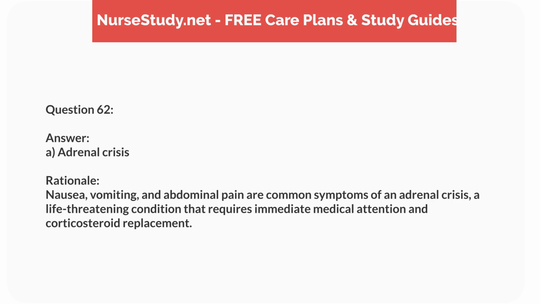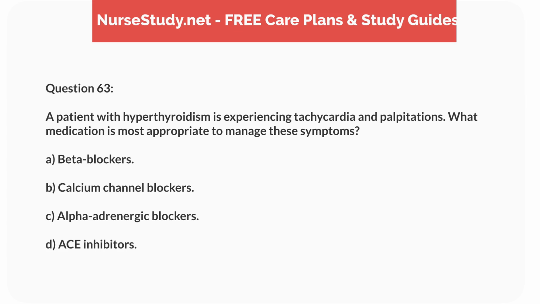Answer: A. Adrenal crisis. Rationale: Nausea, vomiting, and abdominal pain are common symptoms of an adrenal crisis, a life-threatening condition that requires immediate medical attention and corticosteroid replacement. Question 63. A patient with hyperthyroidism is experiencing tachycardia and palpitations.